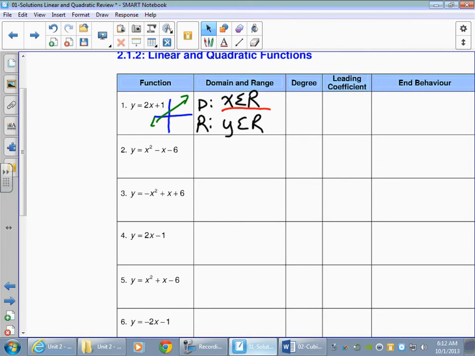Now the other two things we've discussed, the degree is 1, because it's x technically to the exponent 1. The leading coefficient is 2, so the number in front of the highest degree. And then the last thing here, end behaviors, was kind of the third question that I was given. What the end behaviors are asking about is what happens on the ends of the graph.